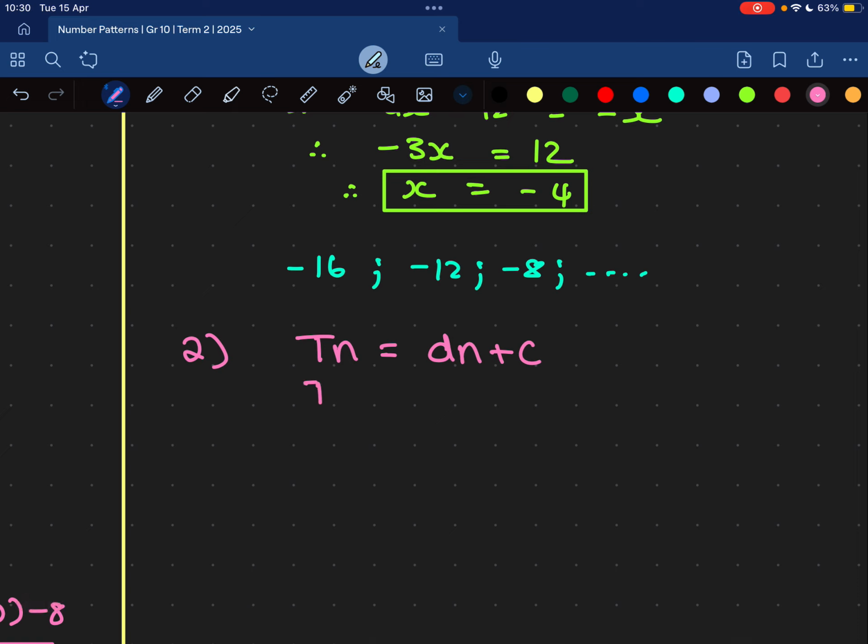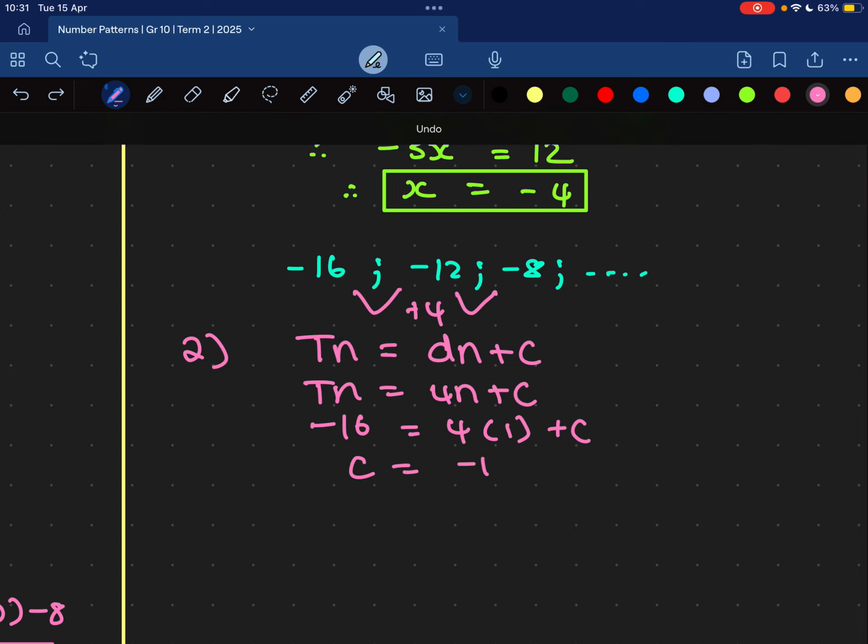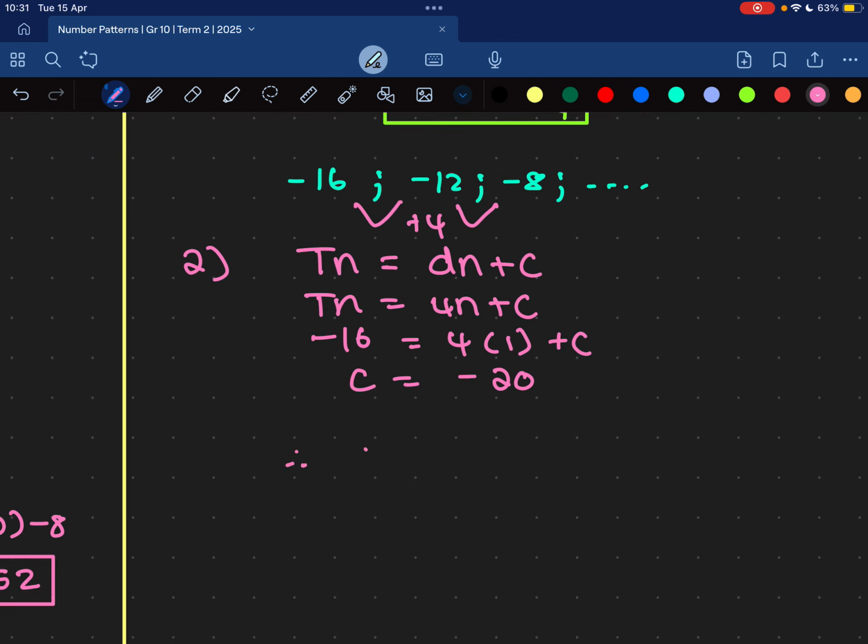So we'll say Tn, the difference here I can see it's getting bigger, so I'm just going to be adding 4. So 4n plus c. So negative 16 is equal to 4 times 1 plus c. So c is just going to be negative 20. So I can see Tn is equal to 4n minus 20.